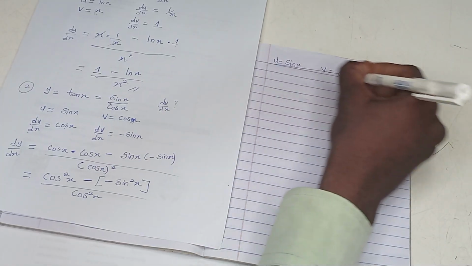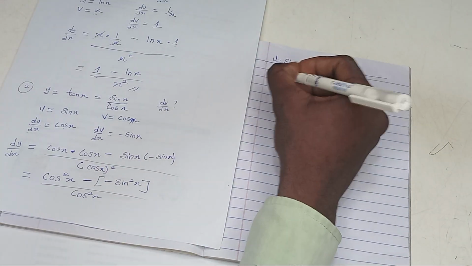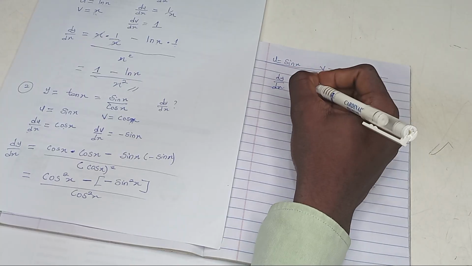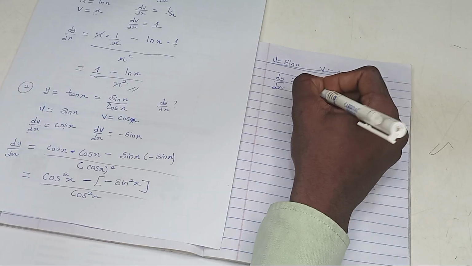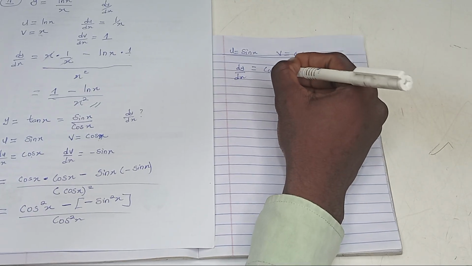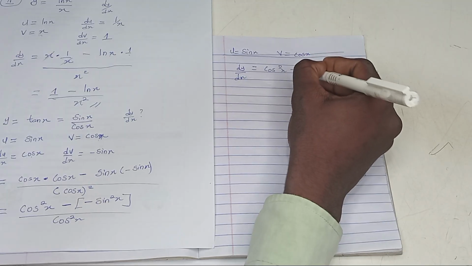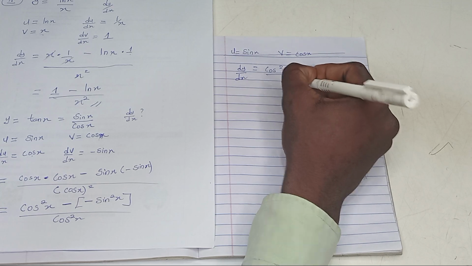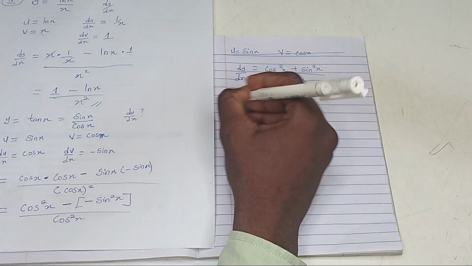Continuing from that, dy dx now becomes cos squared x plus sin squared x over cos squared x.